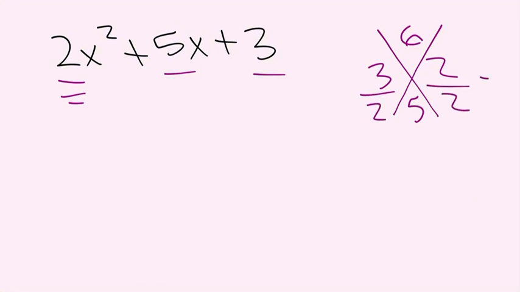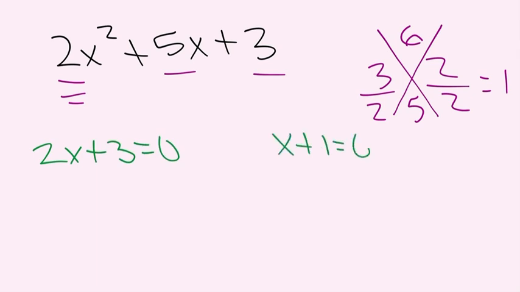And when you do 2 divided by 2, you get 1. And we're going to leave the fraction 3 over 2, which gives you 2x plus 3 equals 0. And then x plus 1 equals 0. And then we're going to get the x by itself.